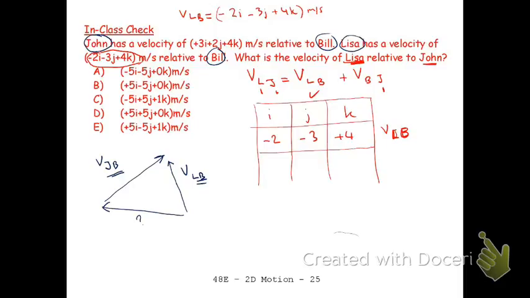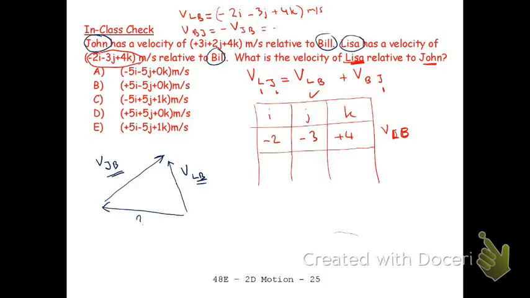Then the next thing I want is my velocity of Bill relative to John. And my velocity of Bill relative to John is not given. I have John relative to Bill. So it's minus the velocity of John relative to Bill, because we're in opposite directions.